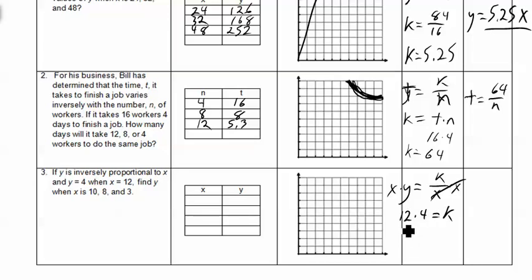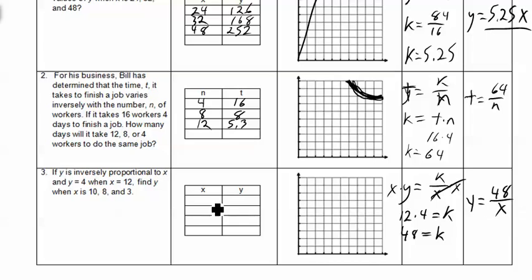Oh, well that's interesting. 48. Okay, 48. I thought it was the same, but I was multiplying wrong. Alright, so it's 48. So we get y is equal to 48 over x.